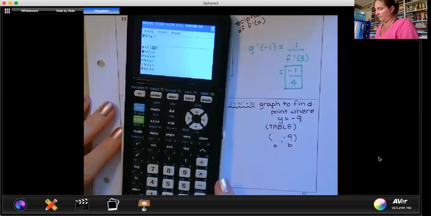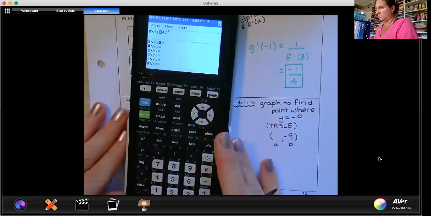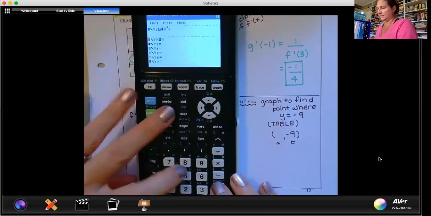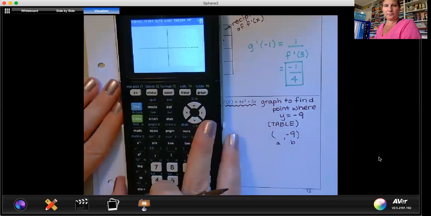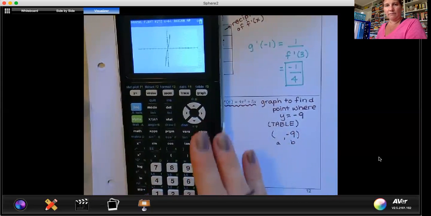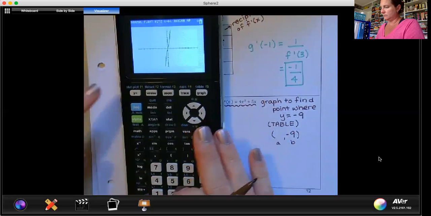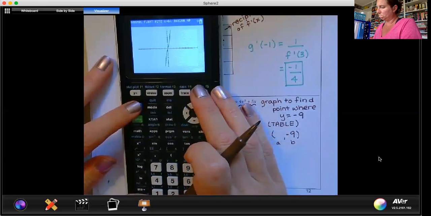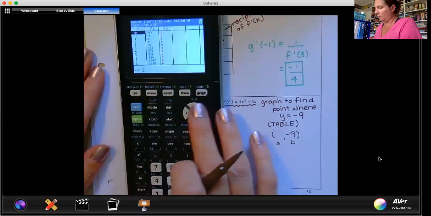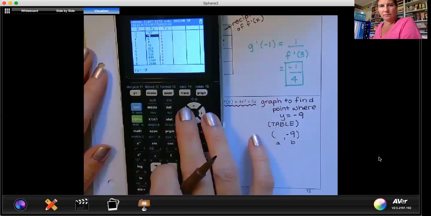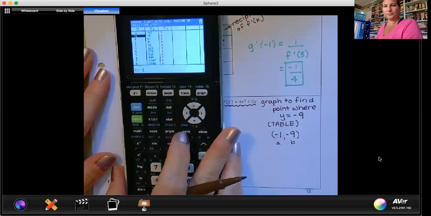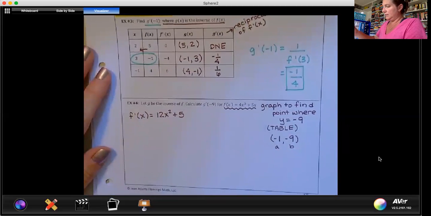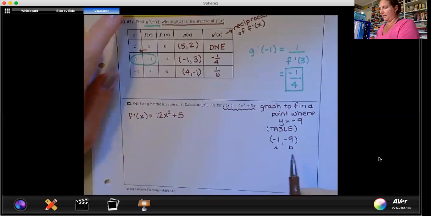So we're going to graph 4x cubed plus 5x. On the graph, we don't really have to see the graph. We just really need the table function. And we need to know where y is negative 9. There it is. y is negative 9 when x is negative 1. Now, according to the steps at the top of your page, we have found a.